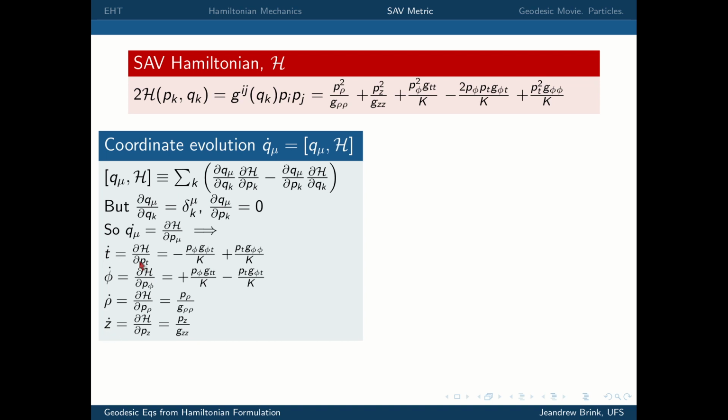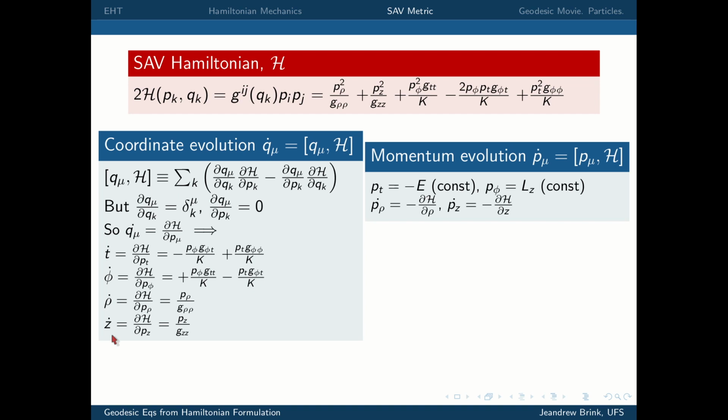So here we have the 4 evolution equations for the coordinates, and we combine them with the momentum equations we derived on the previous slide, where we've already integrated 2 of them. We're left with 6 ordinary differential equations for t, phi, rho, z, p rho, and pz.